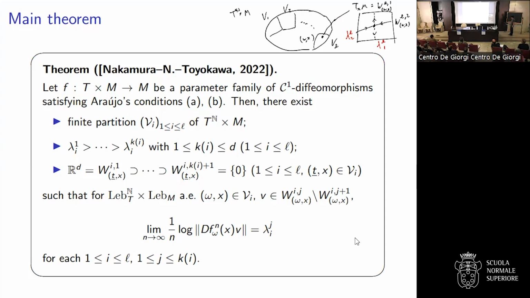So this candidate set is finite. And for almost every x and almost every omega, your Lyapunov exponent exists. And like the oscillated splitting, you can find a Lyapunov oscillated flag like this.